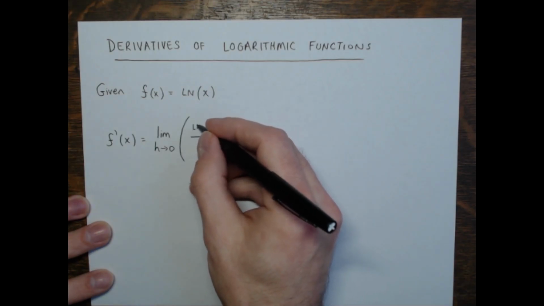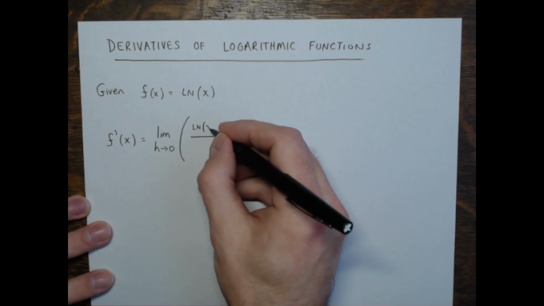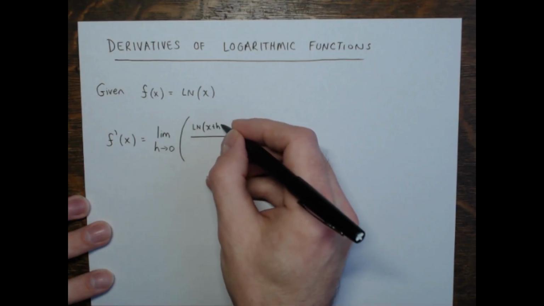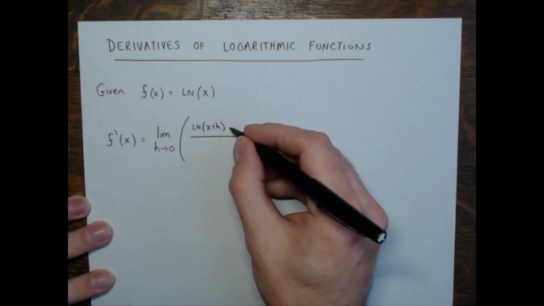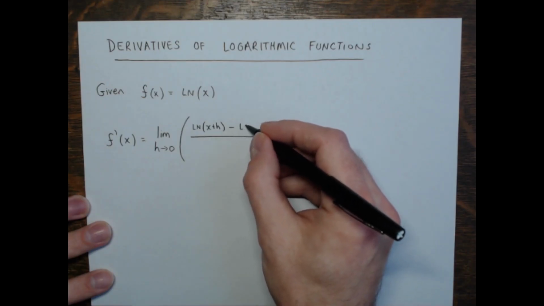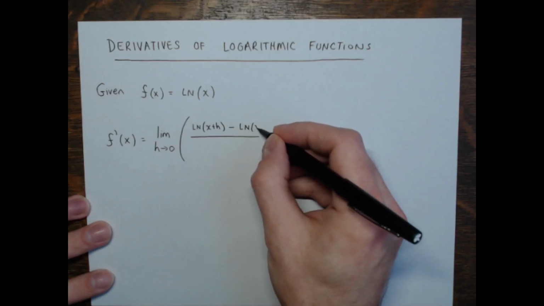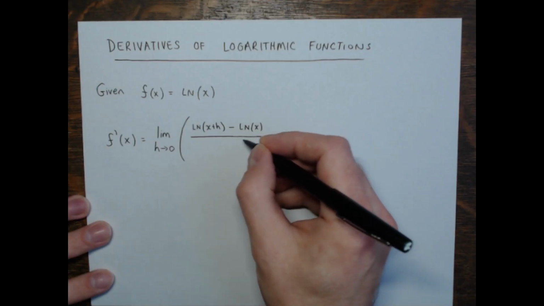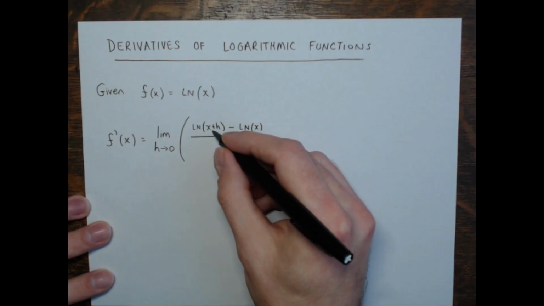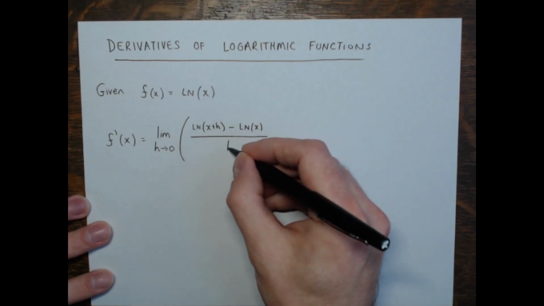So the value of this function at x plus h, so natural log of x plus h, minus the value of this function at x, and then divided by the run, which would be x plus h minus x, or just h.